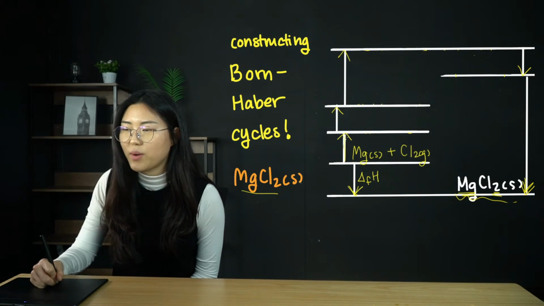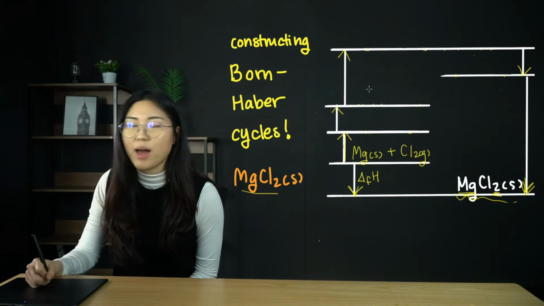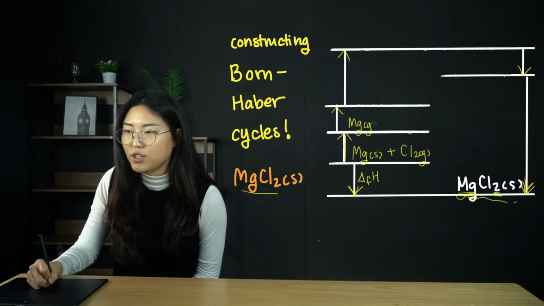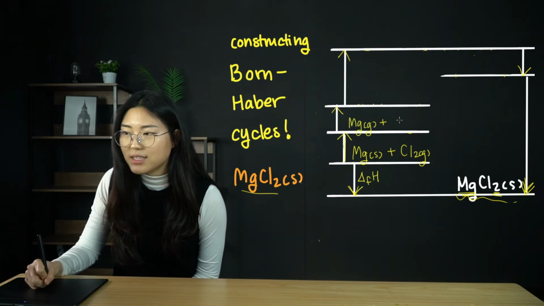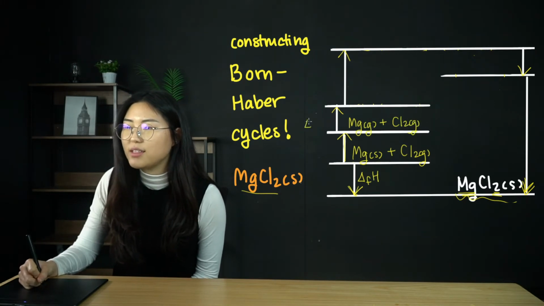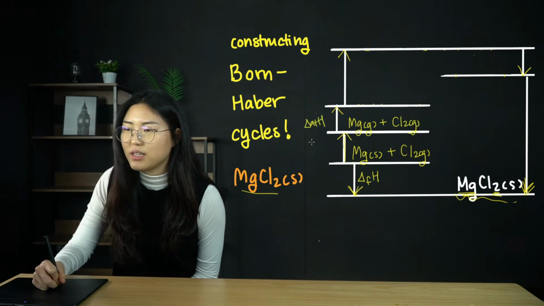And yeah, if we're going up, first of all, I'm going to atomize my magnesium, so it's going to be Mg gas, not solid anymore, and chlorine just goes up. And then this is atomization of Mg gas.